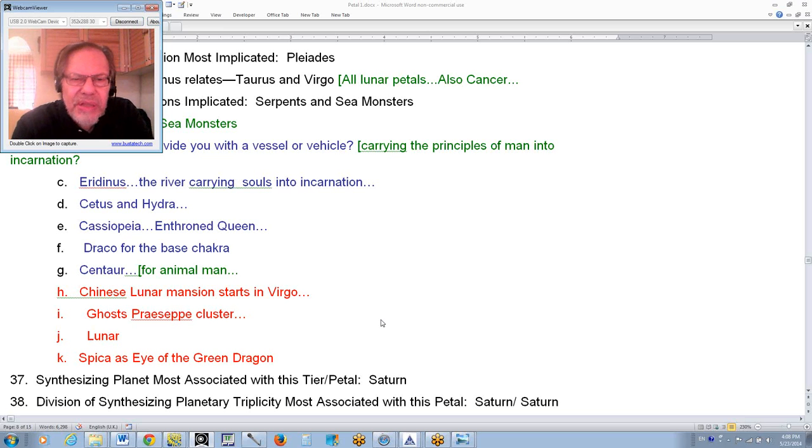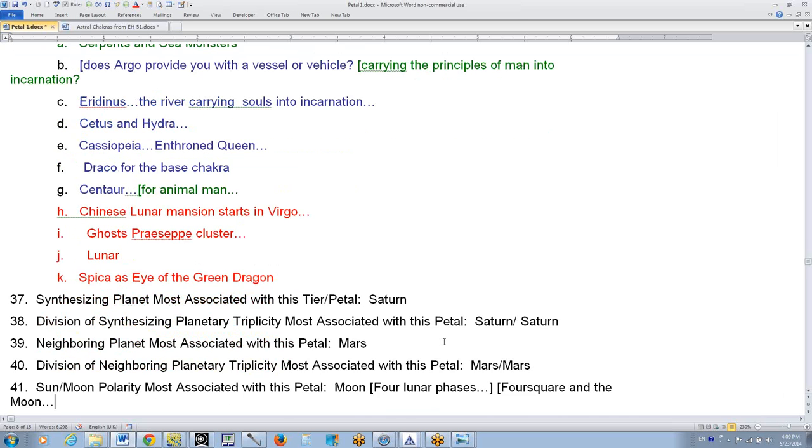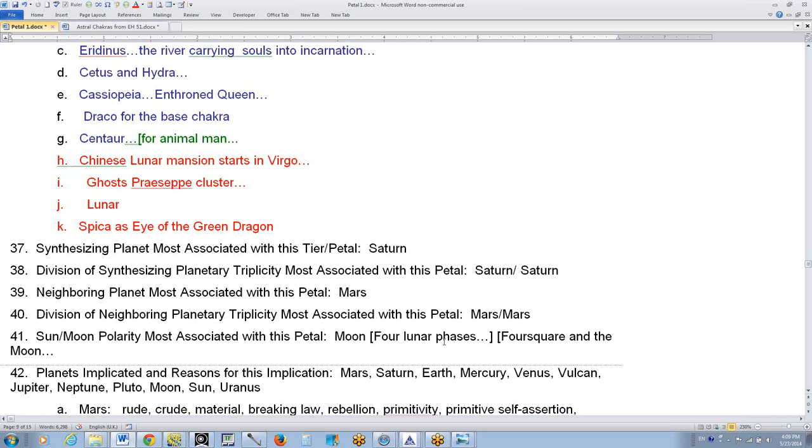What is the synthesizing planet most associated with this tier? Well, it's going to be Saturn, for intelligence, for density, for law, simply for materiality, and the limitations of living in a very material world. A division of synthesizing planetary triplicity most associated with the petal, well, it would be Saturn and sub-Saturn.